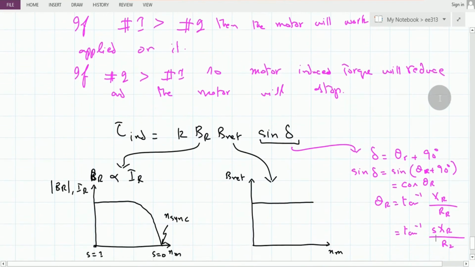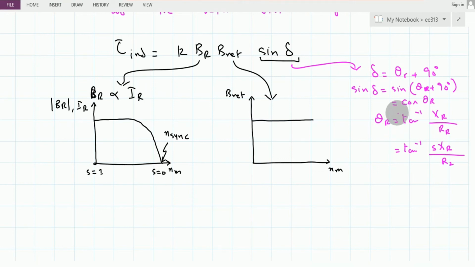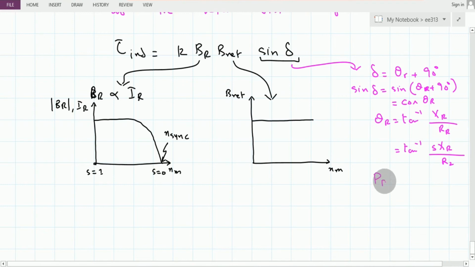So this theta r, which is tan inverse of s times Xr over R2, is the power factor angle of the rotor. So the rotor power factor PFR is equal to cosine theta r, and that is equal to cosine of tan inverse of s Xr over R2, right?